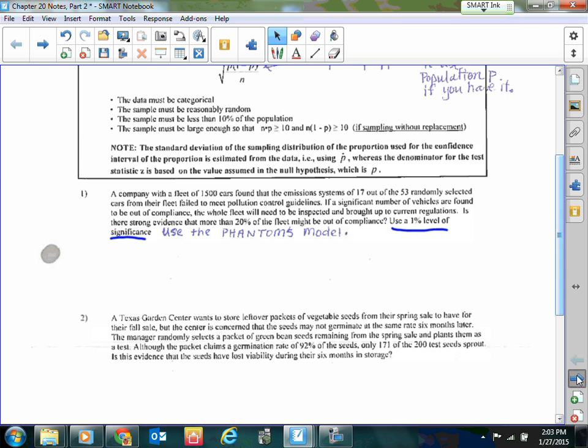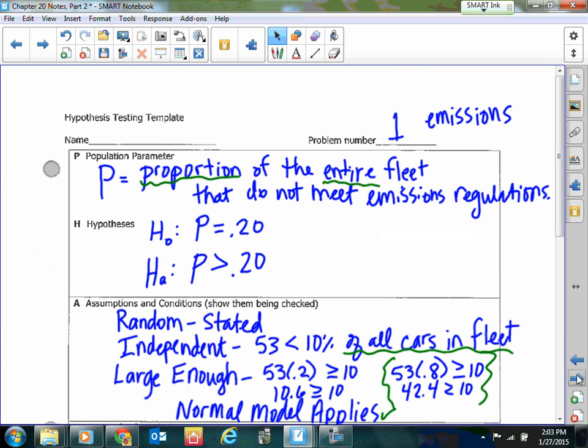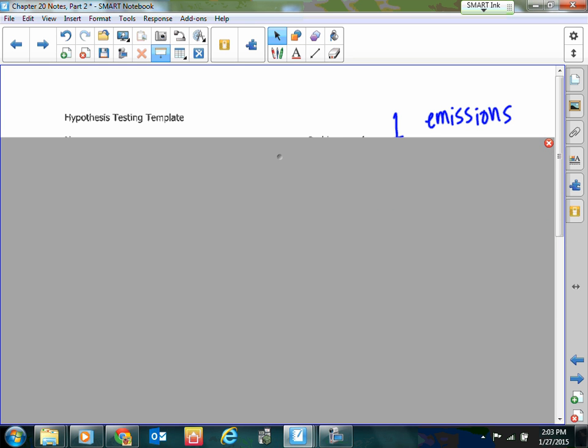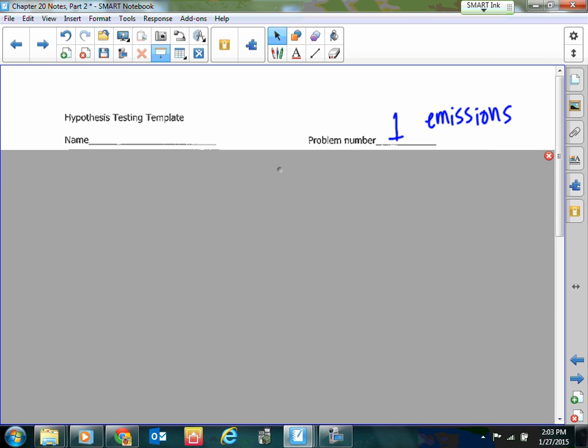So, what we first want to do is turn the page and actually start this PHANTOMS model by defining what we're interested in determining about the population. So what are we interested in determining about the population? So remember, our population parameter, since this is about a proportion of the population, is going to start with p equals the proportion, and then so on and so forth.